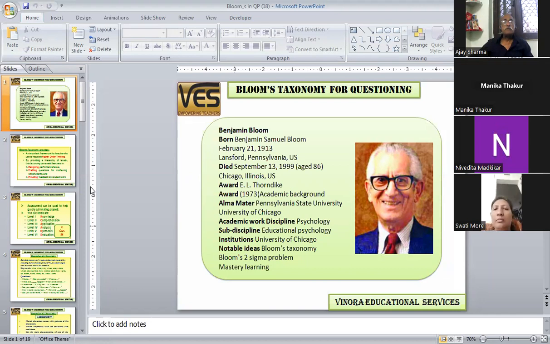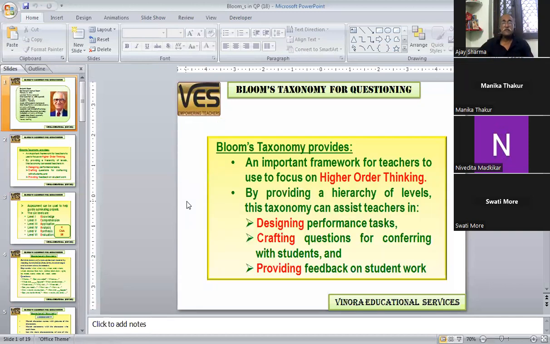Next, Benjamin Bloom ने जो taxonomy दी, that was based on using verbs, whereas later on one of his students, Anderson, used the same taxonomy using nouns. Let us see only Benjamin's, because once you understand Benjamin's taxonomy, you see what it is actually. This is the important framework for teachers to use to focus on high order thinking.